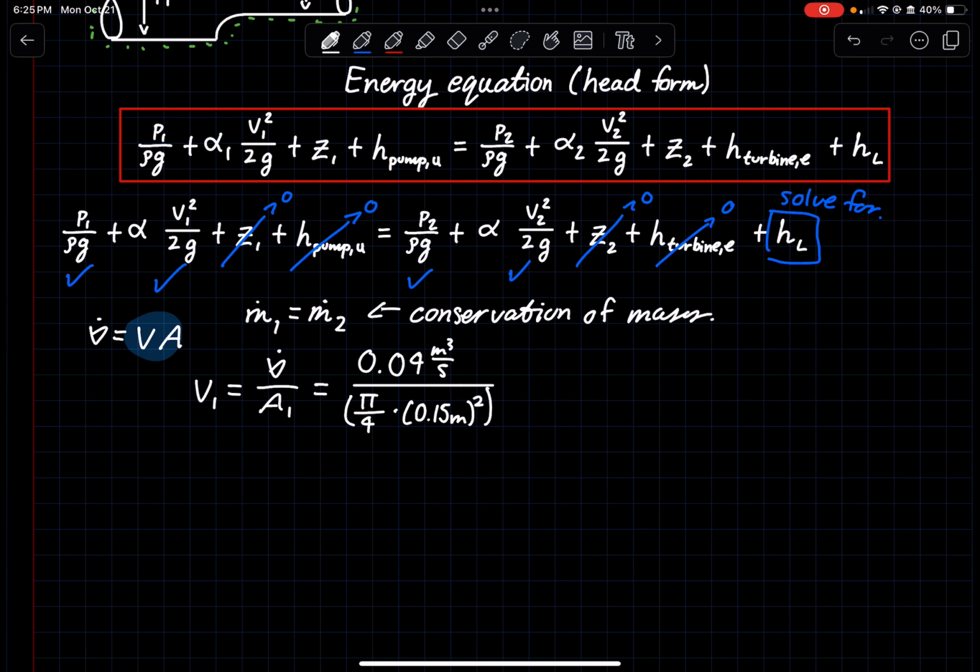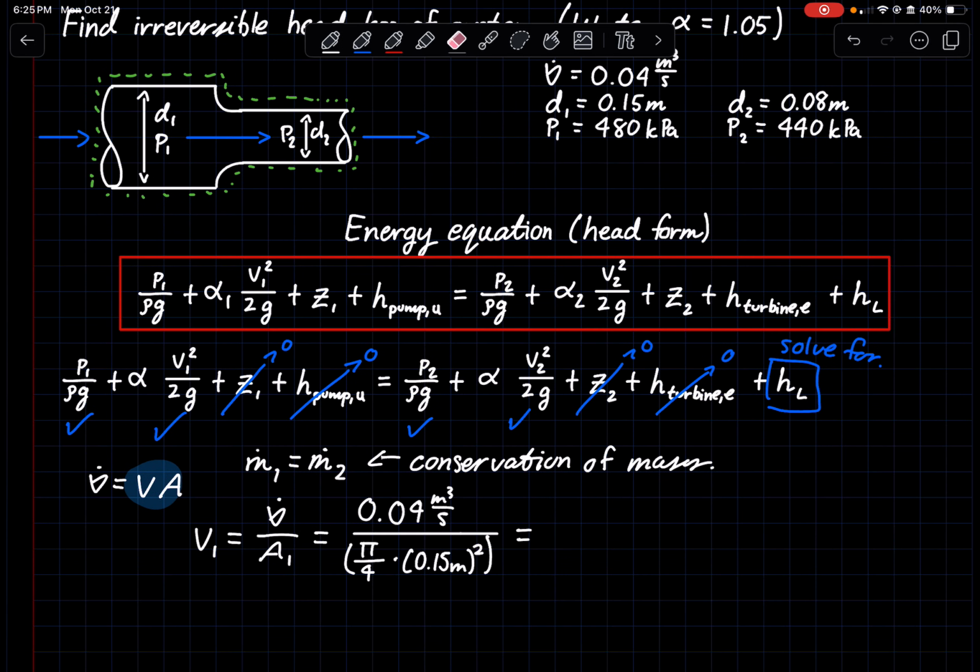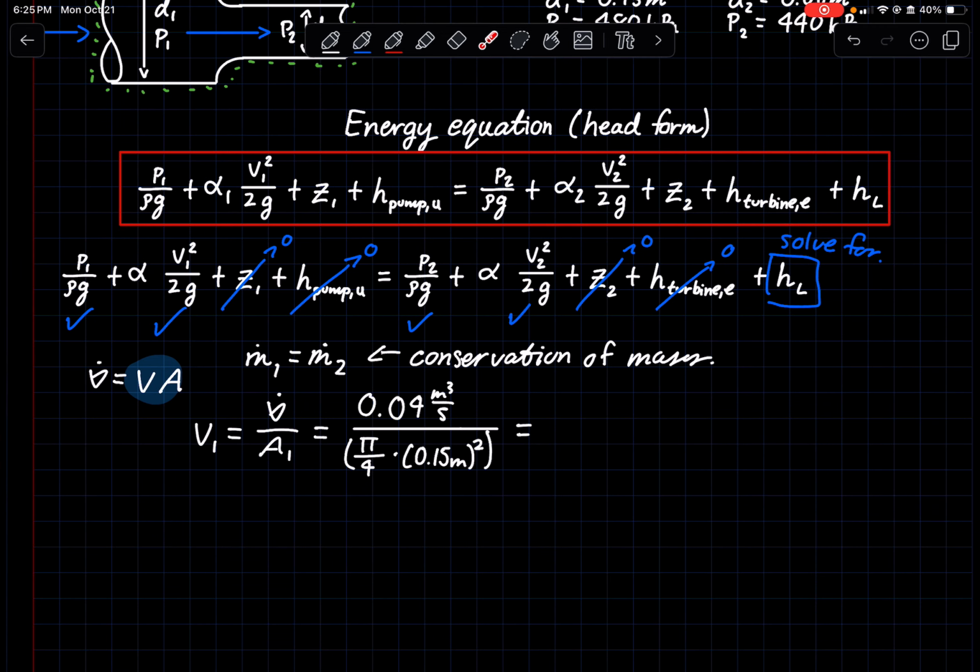This is just another pi r squared, but with the diameter in there instead of the radius. So this should give us our velocity in this part of the system. So 0.04 over pi over 4, 0.15 squared. This gives 2.26 meters per second.